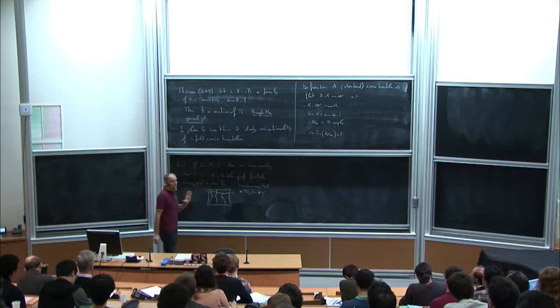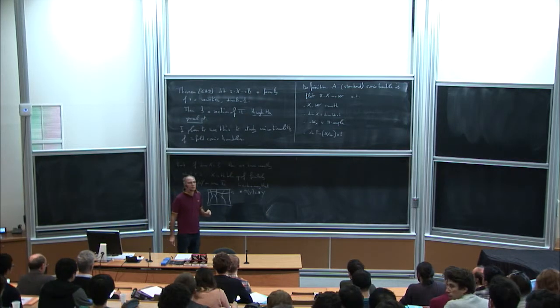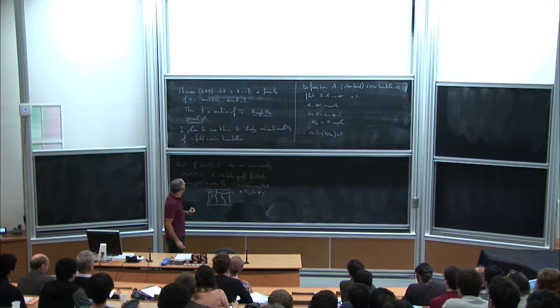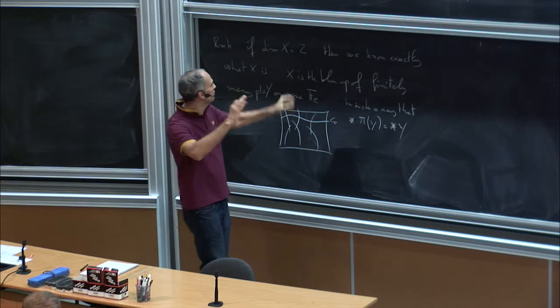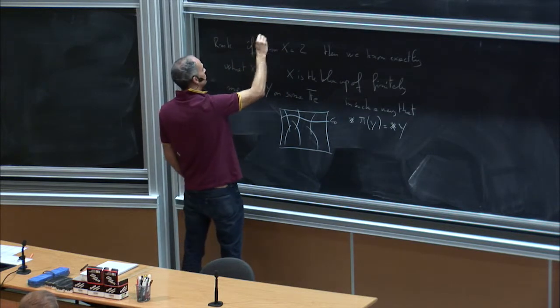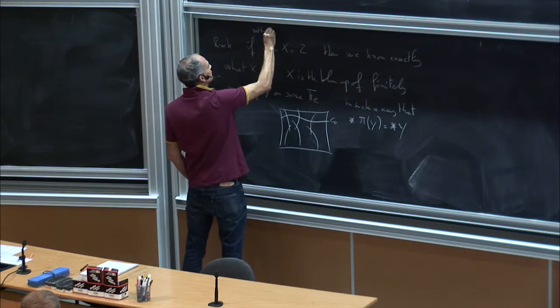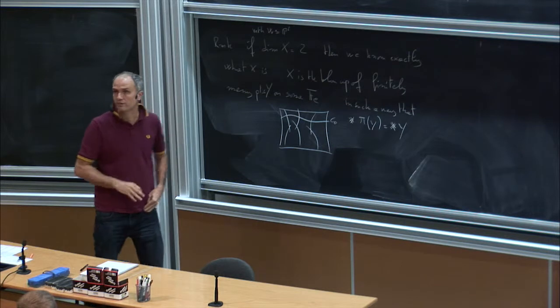Remember that I'm working over C, okay? I mean, this could be empty. Sorry, thank you very much. So here I'm going a bit fast. So with W isomorphic to P1. Otherwise, the base is a generic curve. Thank you.